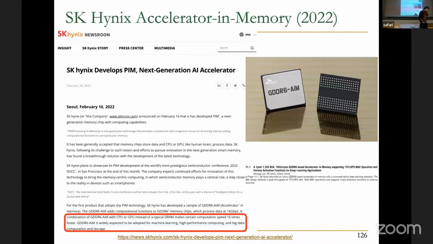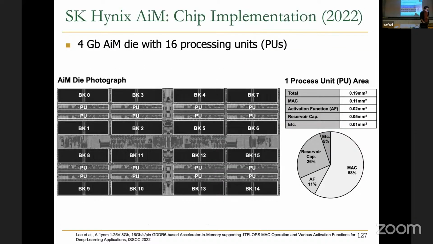And this is the announcement that SK Hynix made this year in February 2022. Their accelerator-in-memory architecture is somehow similar to the first proposal from Samsung. As you see, there are these DRAM banks, and near each of the banks there is one PU, processing unit. I'm saying it's kind of similar because of the applications they are targeting.